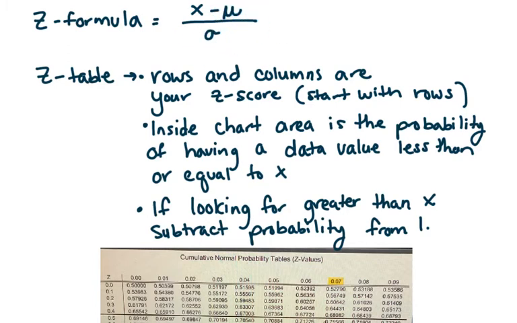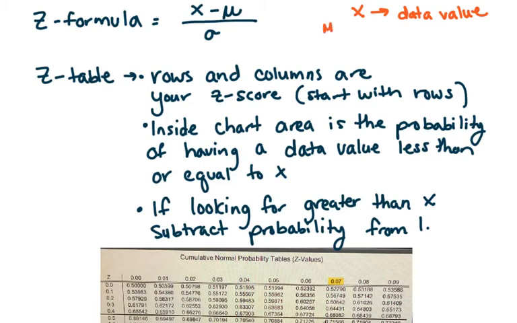We'll start with x. X is just the data value that you're looking for. So if I want to know what's the probability of something being less than 35, then my data value would be 35.